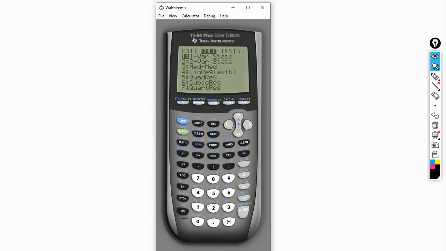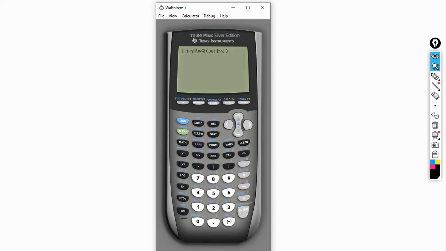And remember that it's option number 8, and it's linear regression, a plus bx. Now, it says that first they want us to find it of y on x. So that means that x is the independent variable and y is the dependent variable. Remember that x is also called the explanatory variable, or the independent variable, and y the response variable, which is the dependent variable.